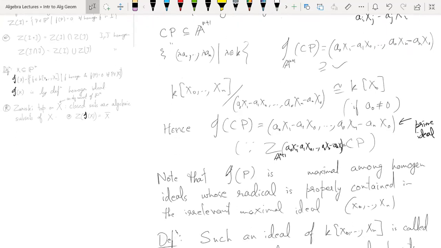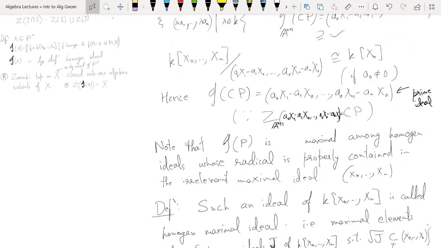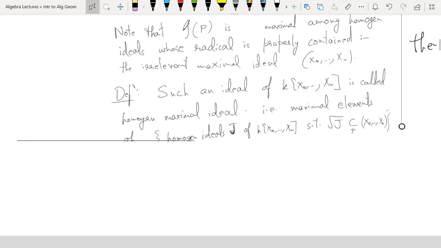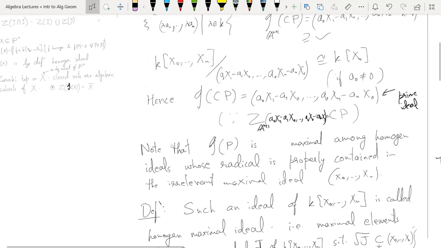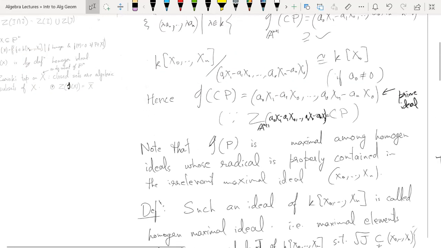In fact, we will see in a bit that I_P is maximal among homogeneous ideals whose radical is properly contained in the irrelevant maximal ideal (x0, ..., xn).